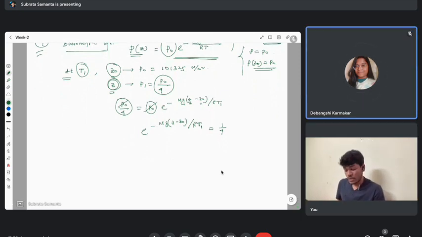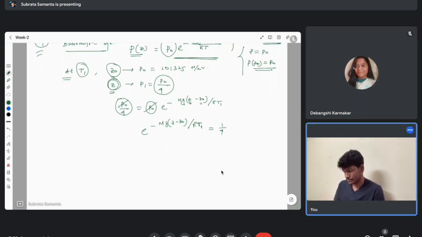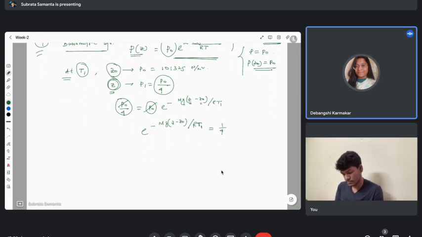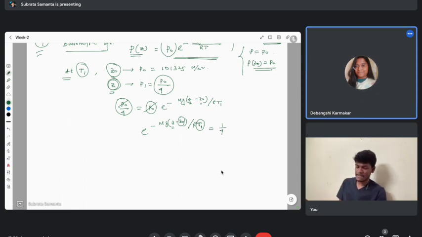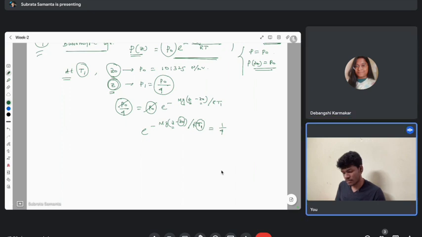Now, how to calculate z? It is a function of T1 and z0, so if you know those, you can calculate z. Then this problem can be solved.